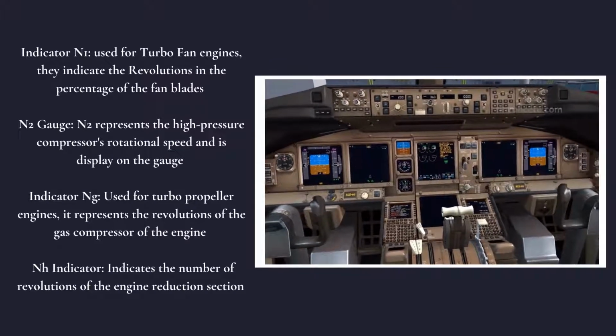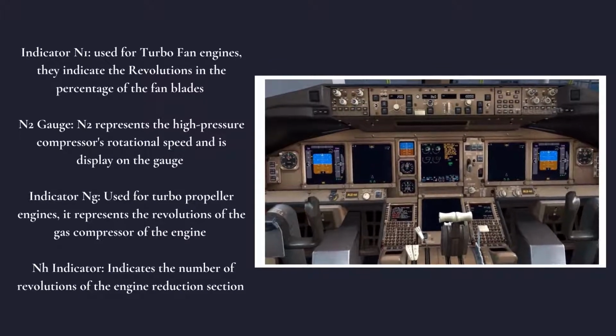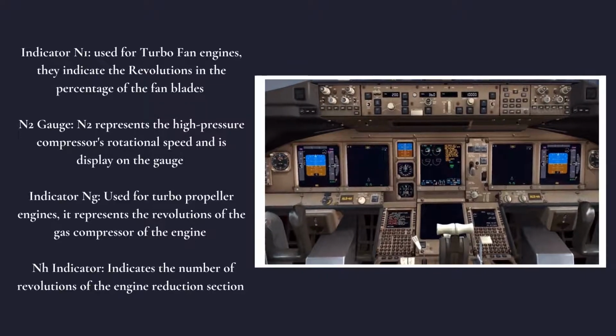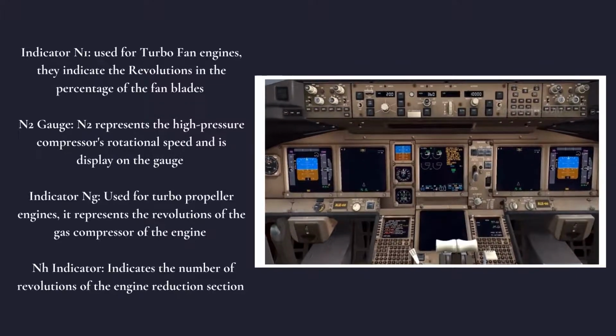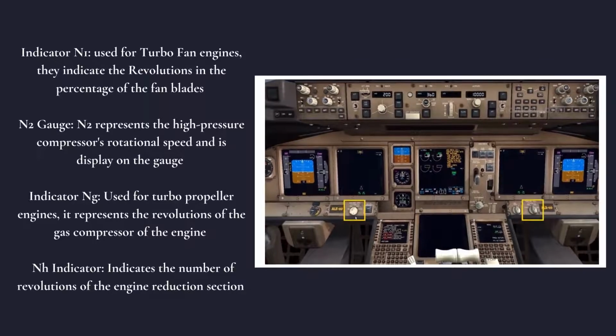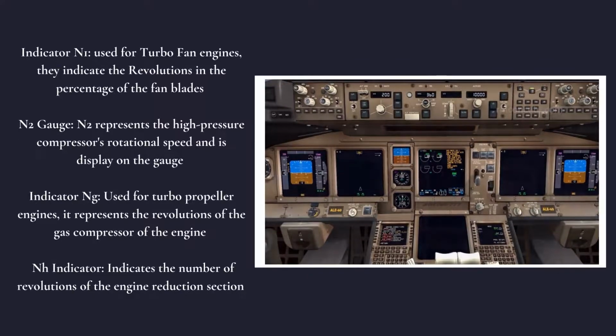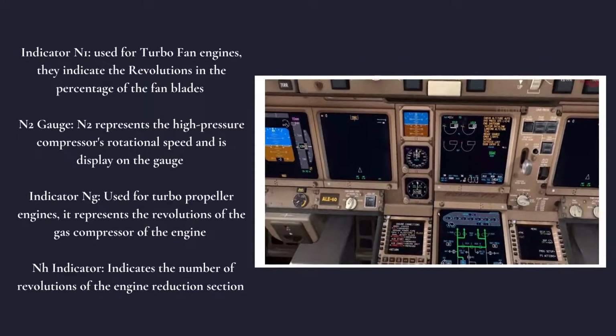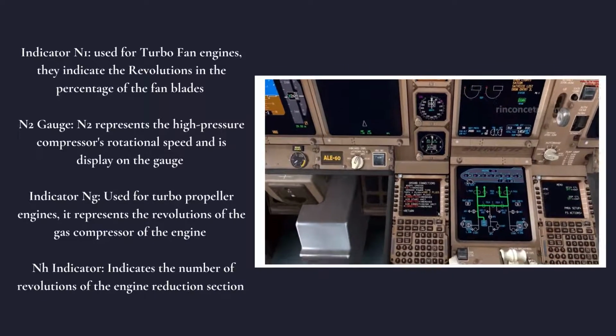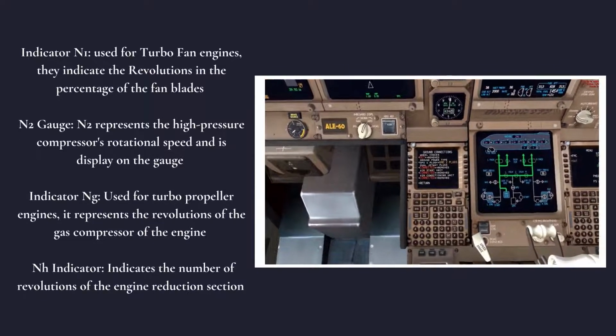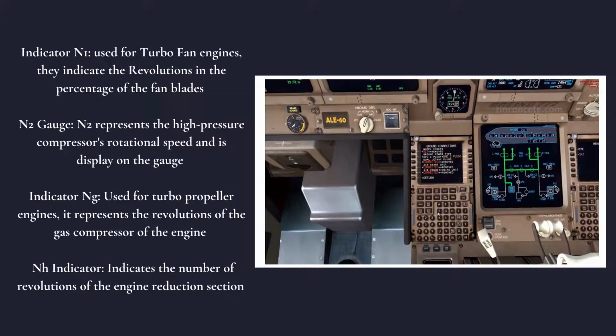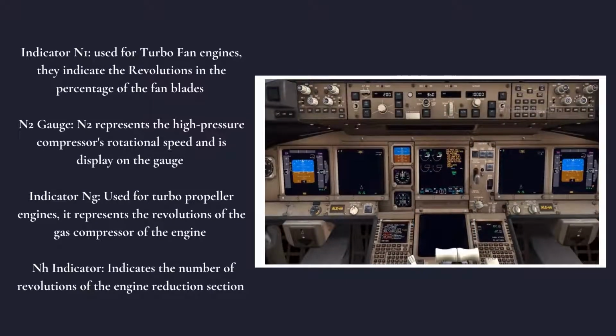That's it. The low pressure compressor. Number 2 gauge. Number 2 represents the high pressure compressor rotational speed and is displayed on the gauge as a percentage of design RPM. The high turbine governs the high compressor and concentric axis connects both.